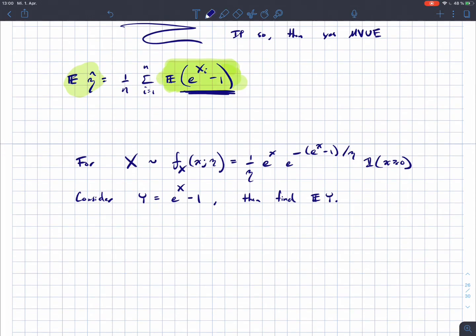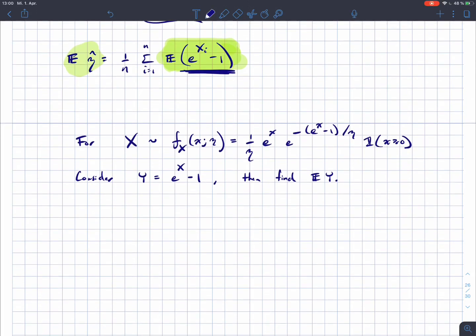So now it just becomes an exercise like one from the beginning of the semester where we're just doing a transformation. So I'm looking at the function y equals e to the x minus 1. That's like my g of x. So the inverse function I can write as log of y plus 1.